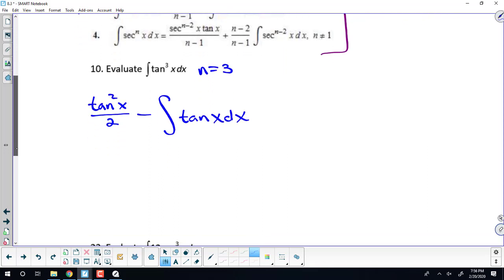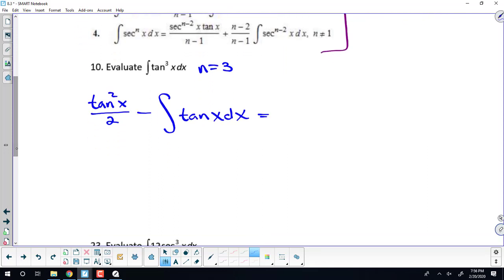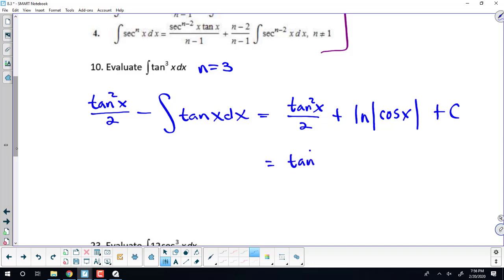So we could either say that this is tangent squared over 2 plus the natural log absolute value of cosine x plus c, or we could say that's minus the natural log absolute value of secant.